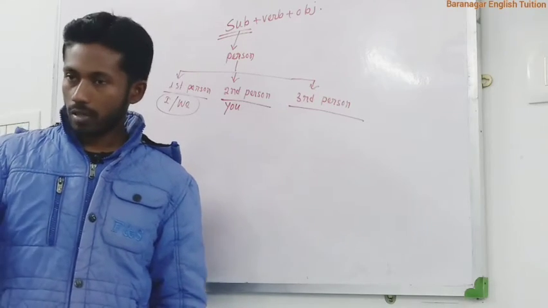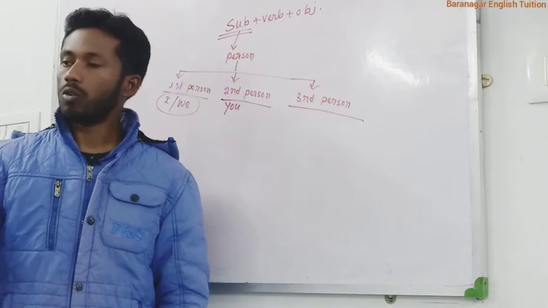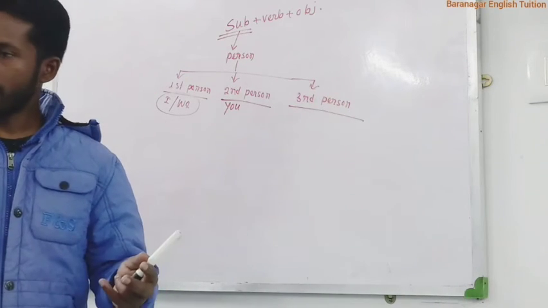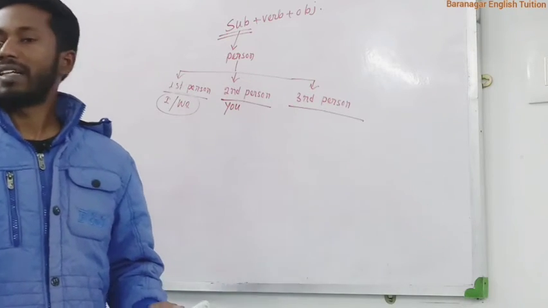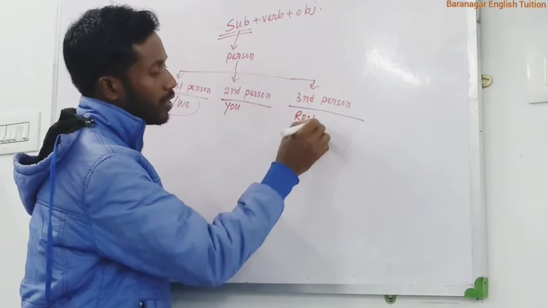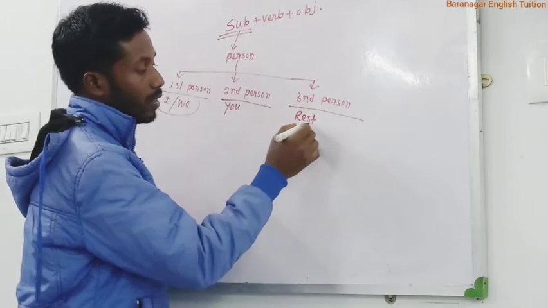Except these, means forget about this. So except these words or these pronouns, everything is third person, means whatever is left is third person. Whatever left means pronouns or some other nouns also, but I'm not going to just put it down that way.